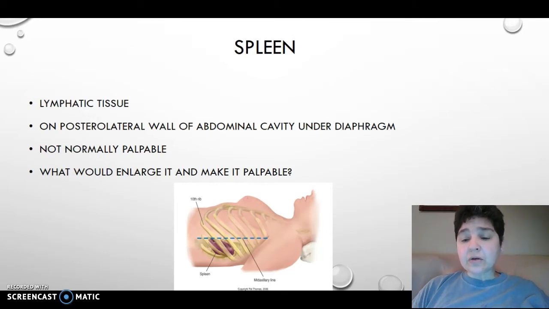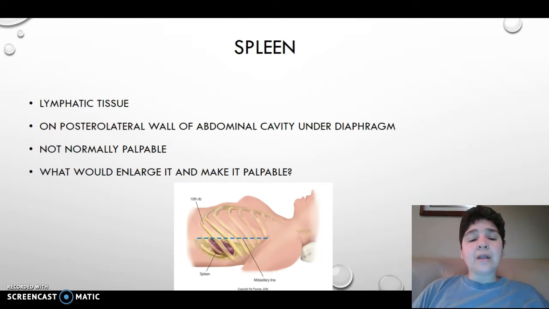Now the spleen, we're not able to palpate it on a normal basis, but if it enlarges and becomes palpable, there are certain diseases that one thinks of. One of these diseases would be mononucleosis, or mono for short.